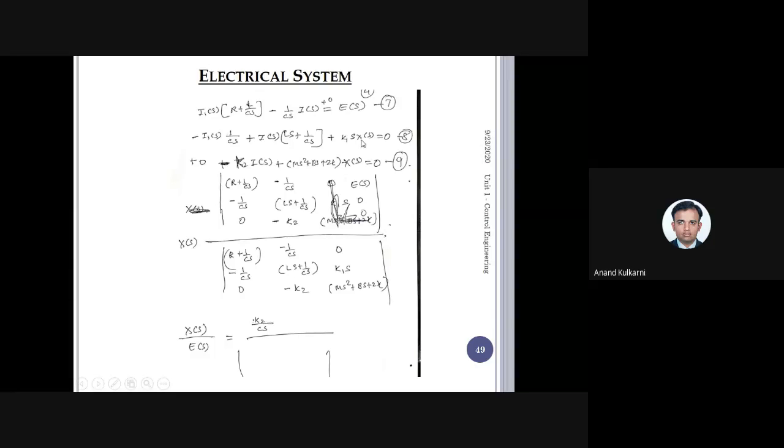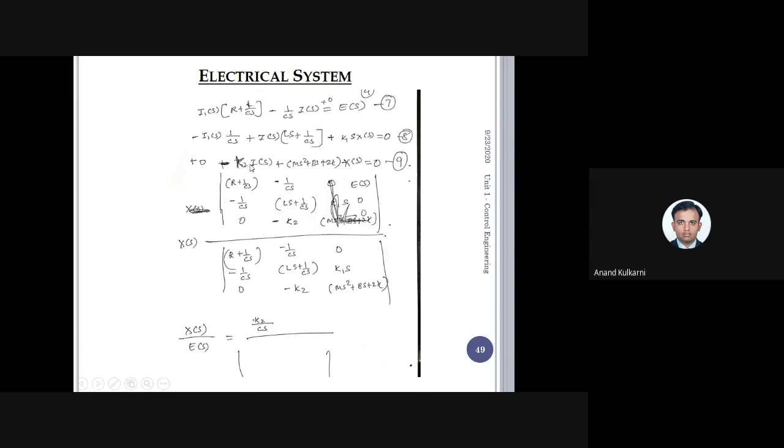So that is the second equation, but the right hand side is 0. In the third equation, for the coefficient of I1, that is the spring mass system, I1 is not there, so that is 0. The coefficient of I is K2, with minus sign, and the coefficient of X is ms square plus bs plus 2k, and the right hand side is 0.